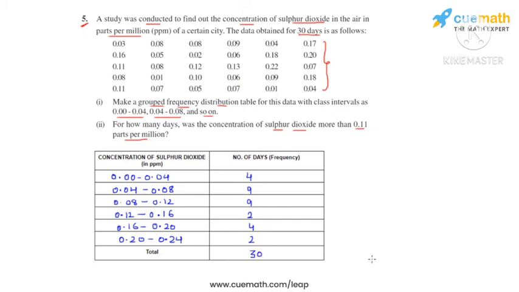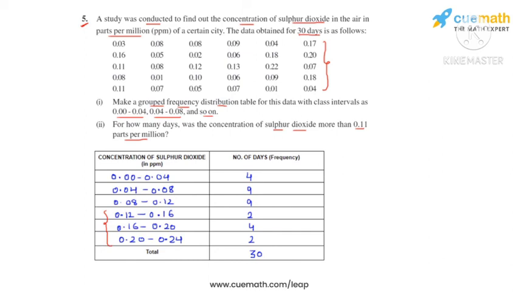From this table, we can see that the number of days during which the concentration of sulfur dioxide is more than 0.11 parts per million falls over 3 class intervals. And those class intervals are 0.12 to 0.16, 0.16 to 0.20, 0.20 to 0.24.